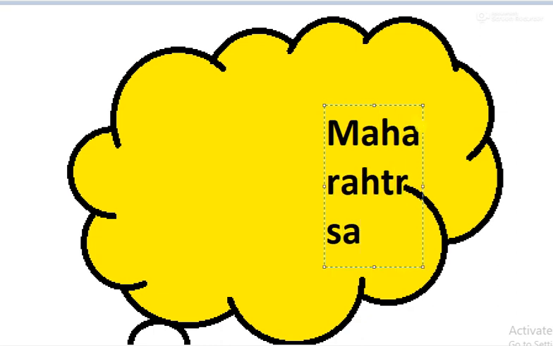Let's say this is your Pune city, or probably you can consider a state also. Let's say this is Maharashtra state.